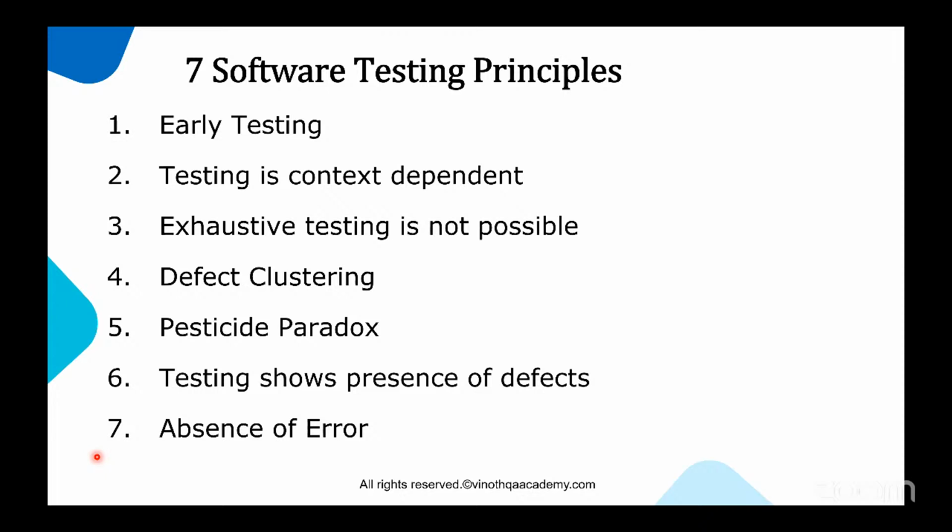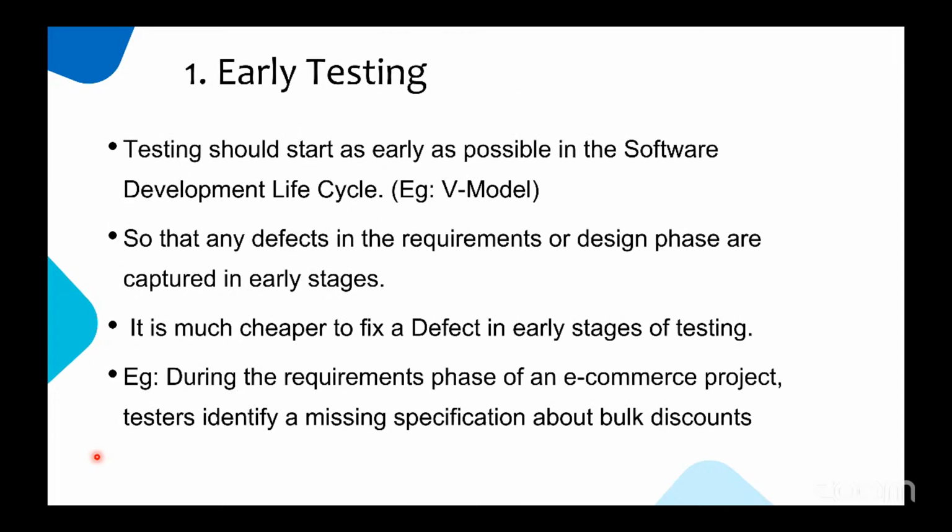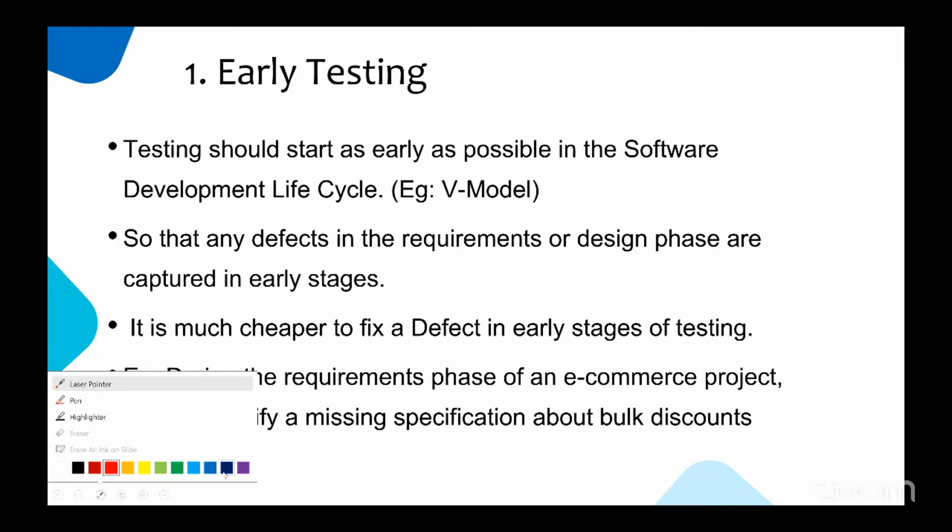These are rules. When you enter the testing team, you should always remember these rules. I will also share some tricks which, if you apply them in a real-time project, will be very, very useful for you. So the first one is early testing. What do you mean by early testing?